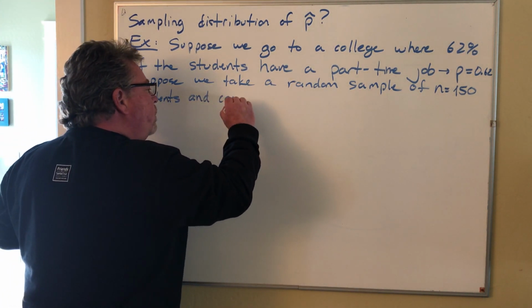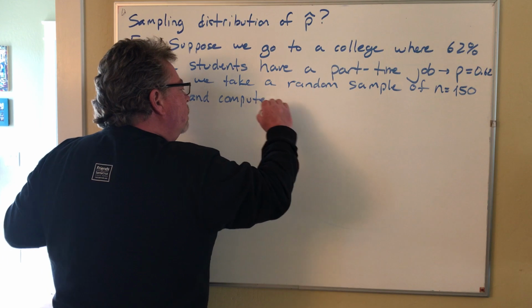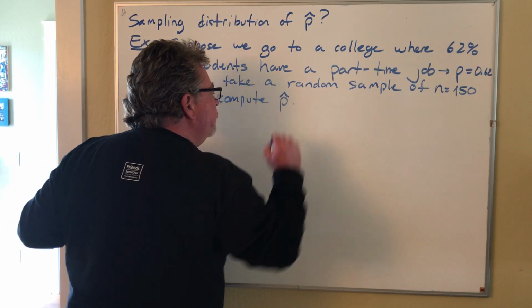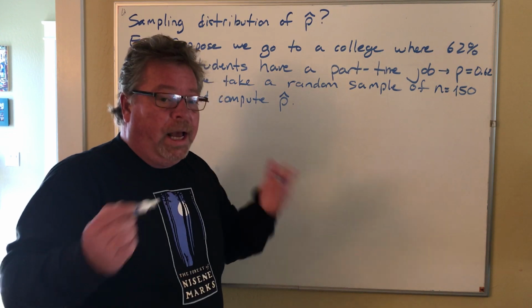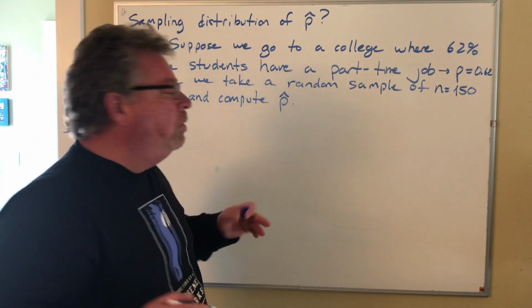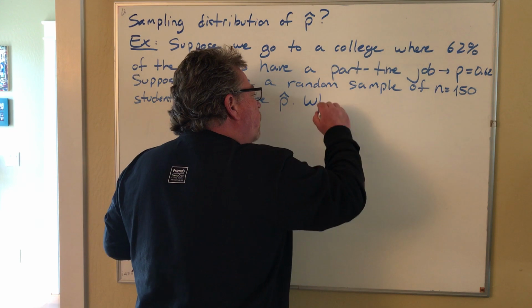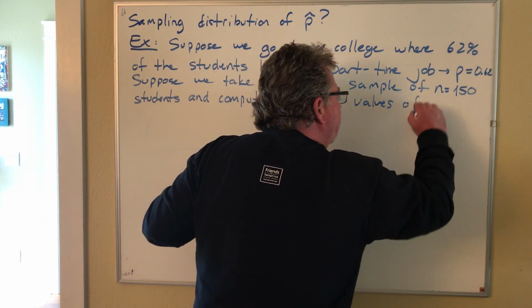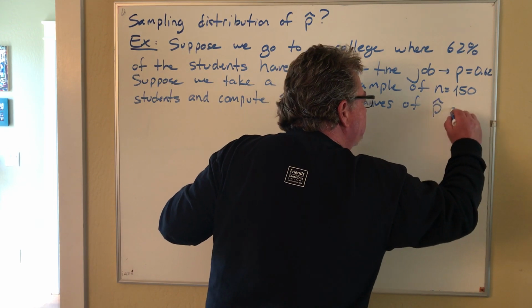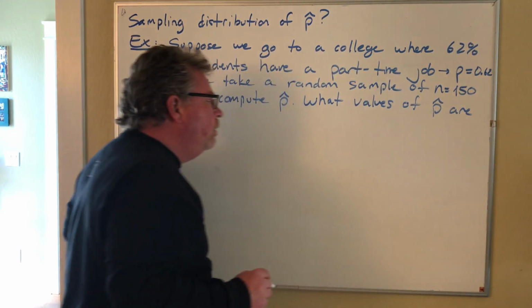And we compute p-hat. So the question that I'm going to ask is, what should happen? What values of p-hat are within reason?